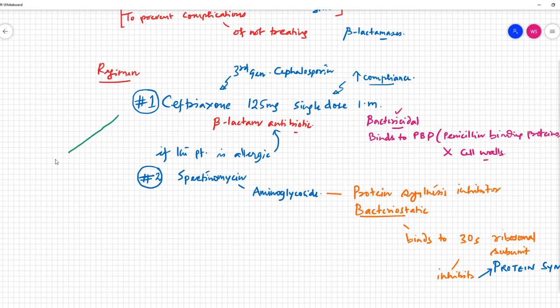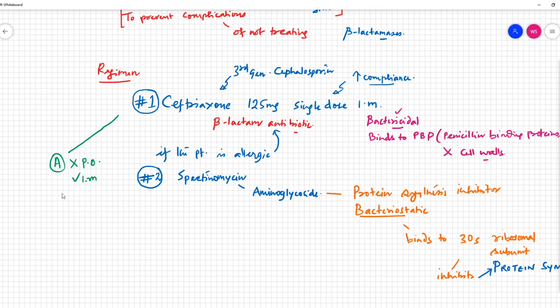Ceftriaxone, absorption: it is not absorbed per oral. Therefore, it is given intramuscular. Where is it given? It is given to the gluteus maximus. Okay, so intramuscular.